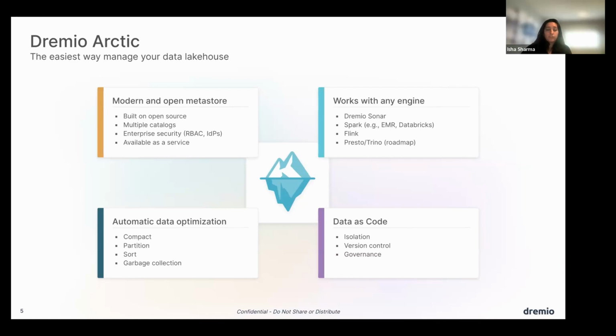Be able to recover from something that shouldn't have happened or shouldn't have ended up in your prod environment. And governance, all built in. So role-based access control and being able to monitor all the changes that are being made on your data through commits, just like you can with GitHub. So that's the beauty of Arctic.